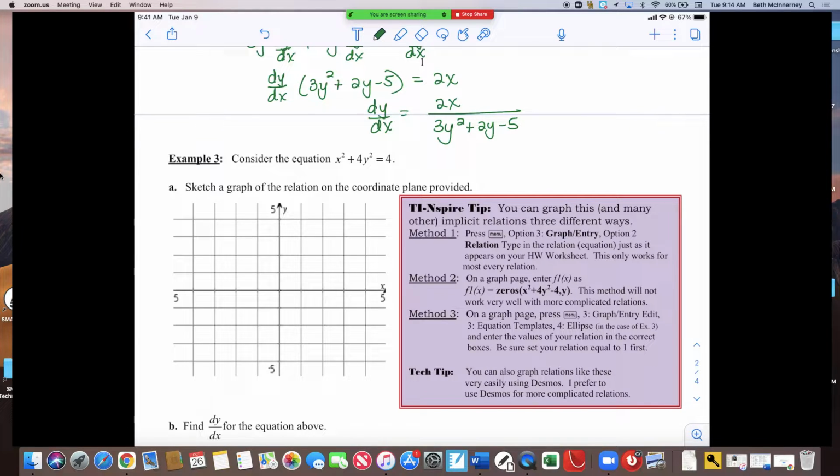So from pre-calculus, this is an ellipse. So I gave you 3 methods on how you could, on the TI Inspire, graph this. So you can press menu, option 3, graph entry, press option 2, relation, type it in just as you see it. X squared plus 4y squared equals 4. Hopefully that works.